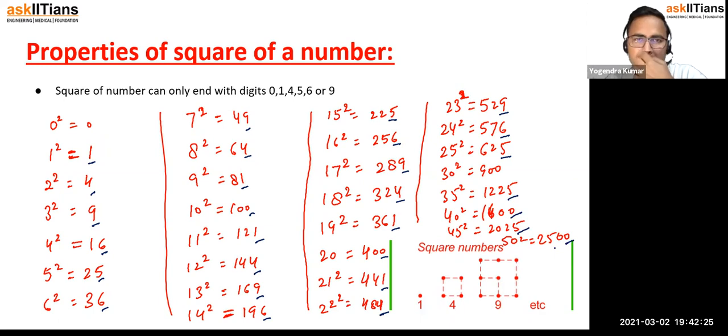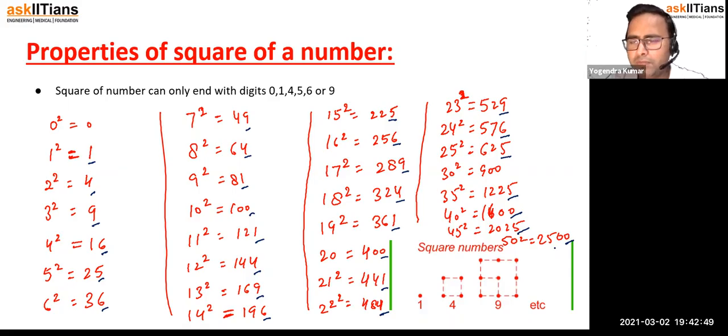Can you observe here? Is there anywhere the unit place digit is 2 or 3? No. Or 7? No. Are you getting me? 2, 3, 7, 8. 8 is not there, right?